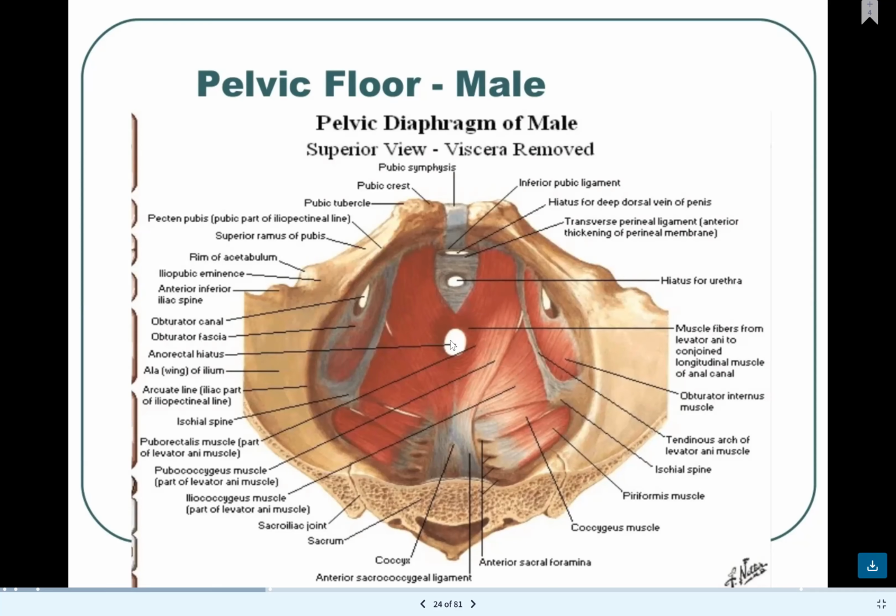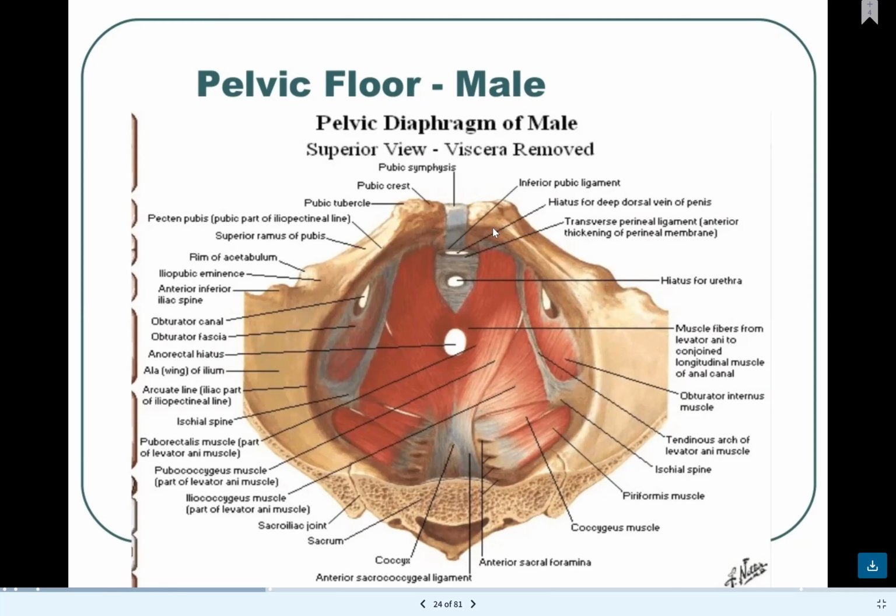This is the anus or the anorectal hiatus. We call it hiatus because this is a muscle and there is an opening in it. And then this is the hiatus for the urethra, where the urine will pass. If this is a male, you can see that it's more heart shaped.